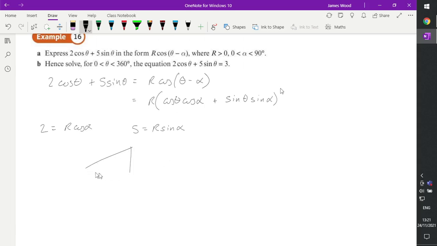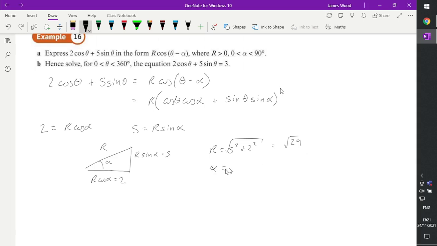Now I can solve them. I can use this triangle. So that's alpha. And this is r, so r sine alpha, we know it's 5, and r cos alpha, we are told is 2. Now I can solve it. So r is going to be 5 squared plus 2 squared square rooted. So that's 25 plus 4, so root 29.